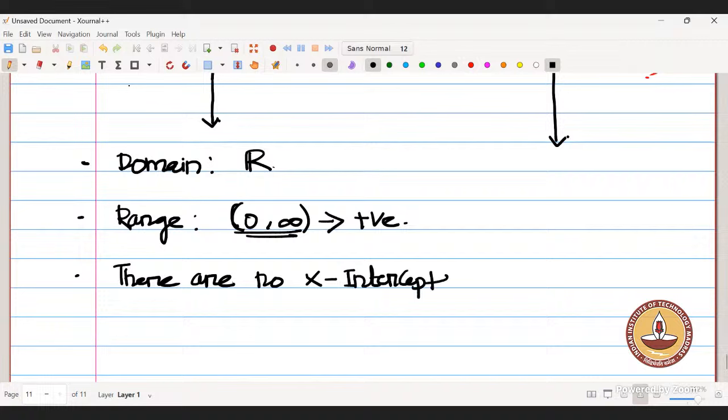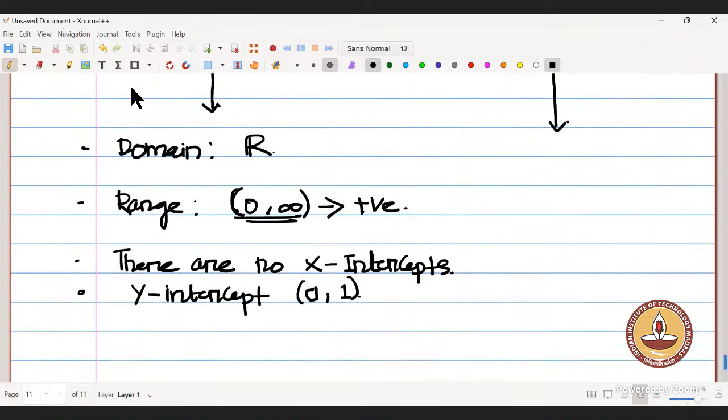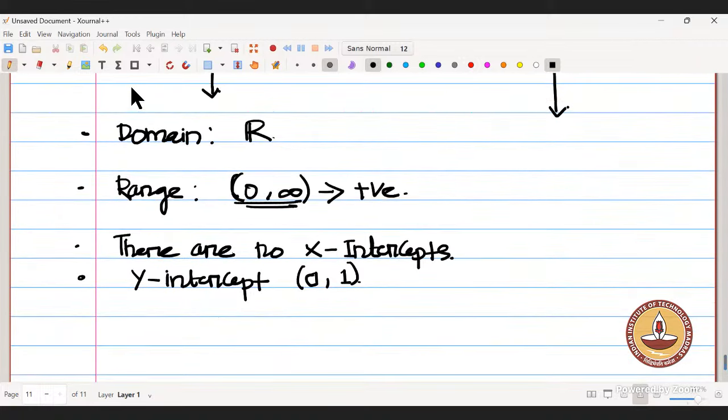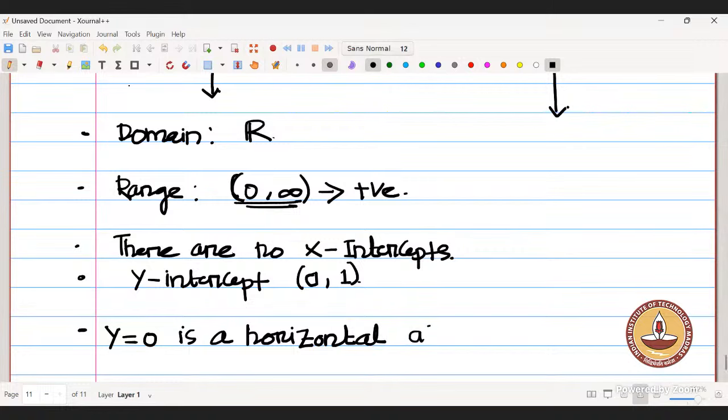And the y-intercept is 0, 1 for both the cases. And y equal to 0, that is the x-axis, is a horizontal asymptote.